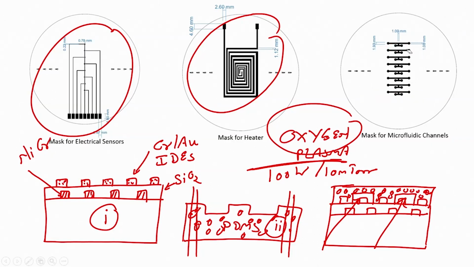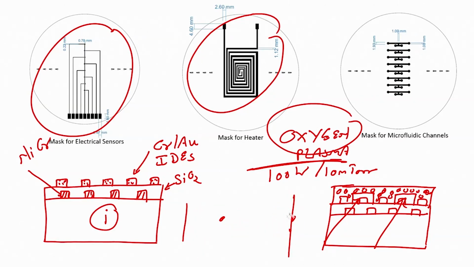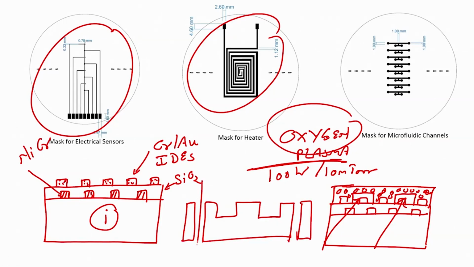So, to create inlet and outlet, you have to create holes in PDMS, something like this. Right, there is a hole. How can you create a hole?